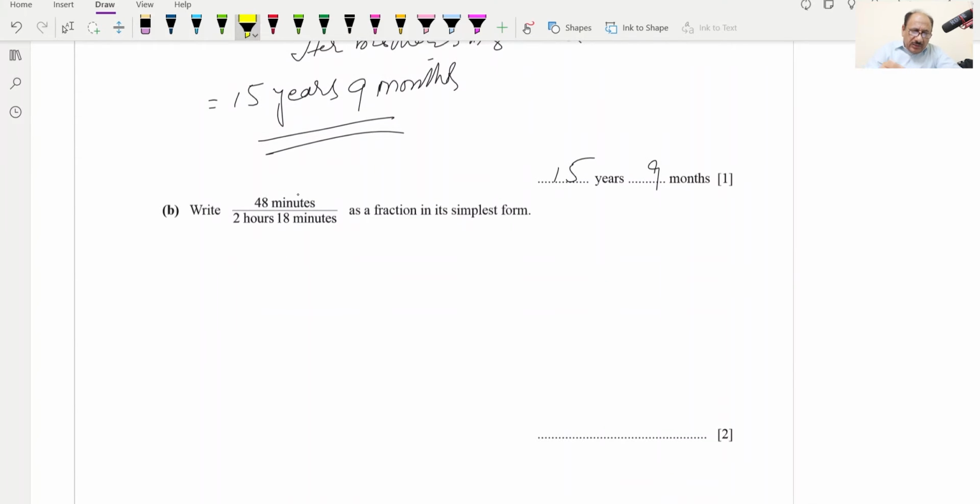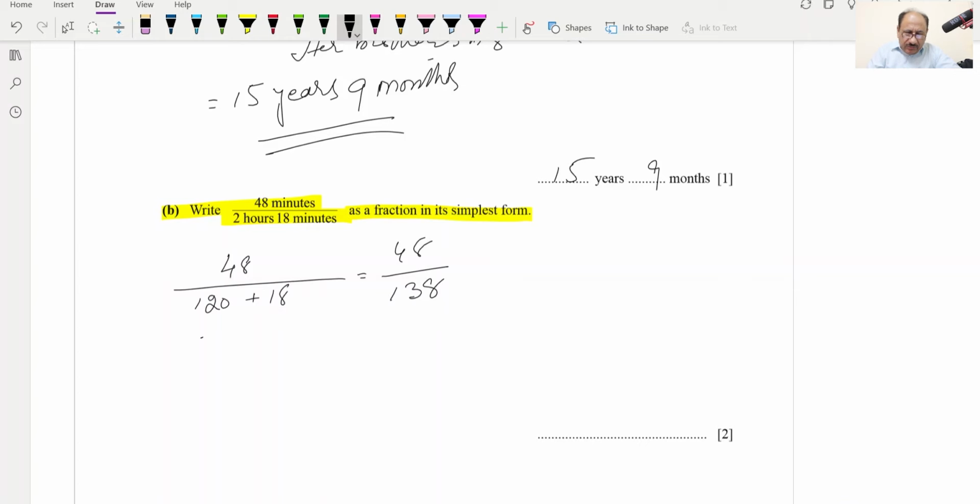B part, write 48 minutes over this as a fraction in simplest form. So we'll convert everything into minutes. So 48 minutes divided by 2 hours will be 120 minutes plus 18 minutes, and this will be equal to 48 over 138.